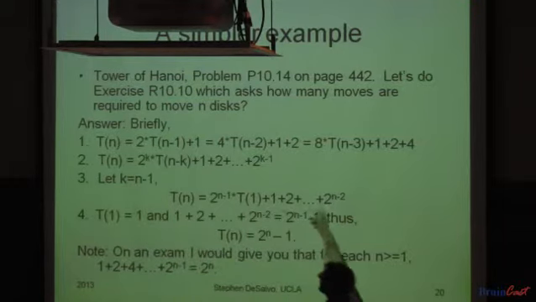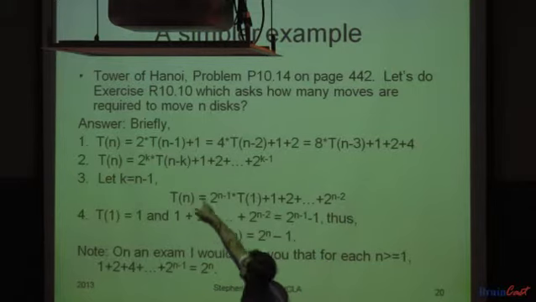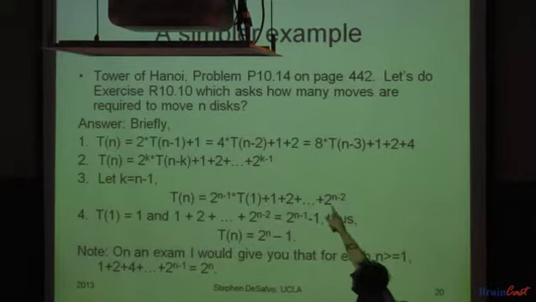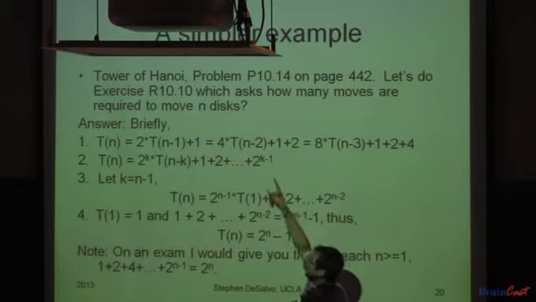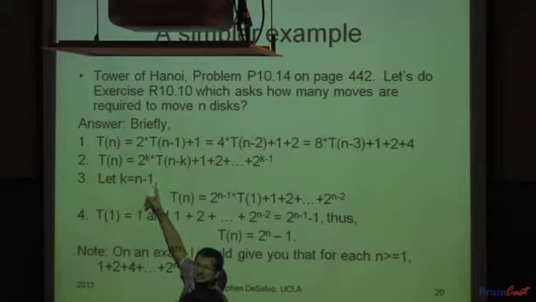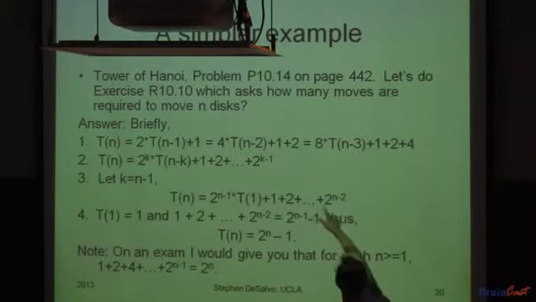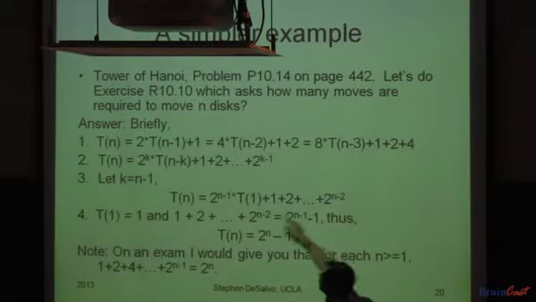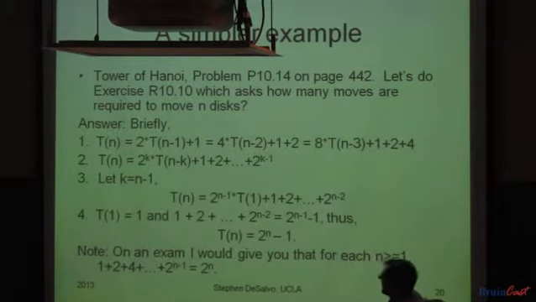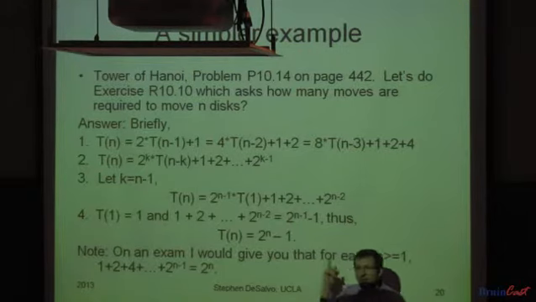We literally just plug it in, so we get 2 to the n minus 1 times t of 1, which is 1, plus, and this is where it gets a little bit tricky, right? There's a k minus 1 here, and k is n minus 1. So in total, that's 2 to the n minus 2. But then we're summing up the first n minus 2 powers of 2 plus the n minus first power of 2. So what we end up with when we sum everything up is we get exactly 2 to the n minus 1. Okay?